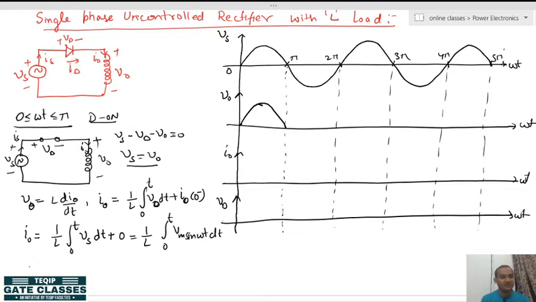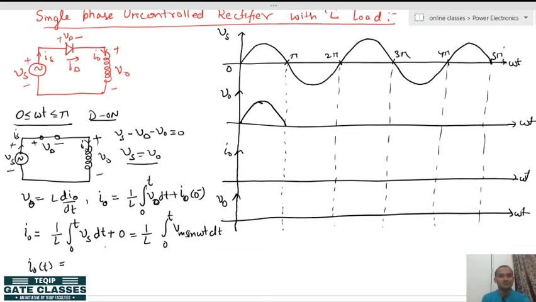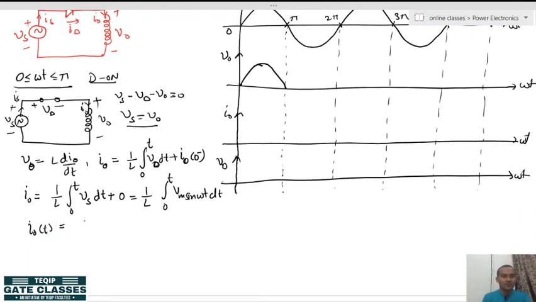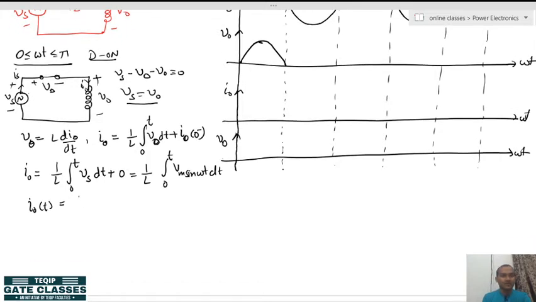Now, when we solve it, what you will get is I naught as a function of time equal to Vm upon omega L, cos omega t with negative sign, from 0 to t. Here we have to write the limits of time.